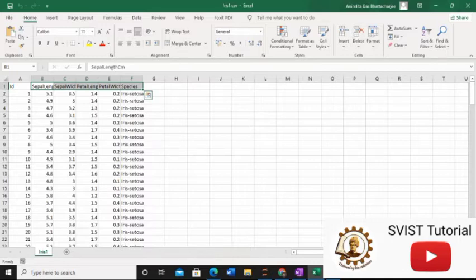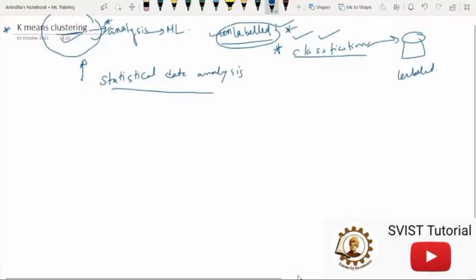Now I am giving you a very good example of how we use the term cluster in real life. If you ask me what do you mean by cluster in real life, let's understand the cluster technique with a shopping mall kind of example.